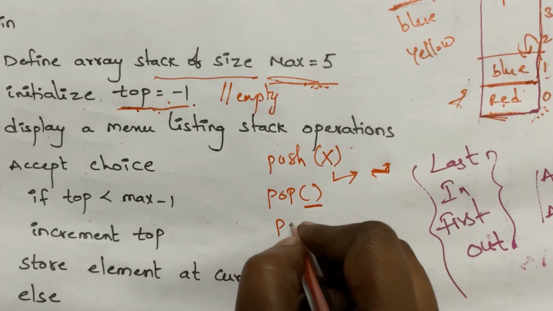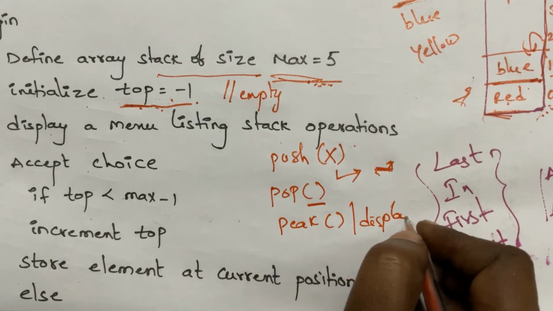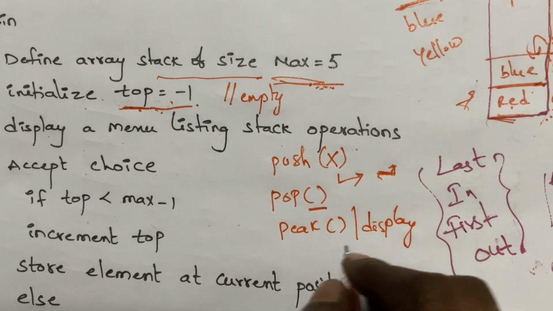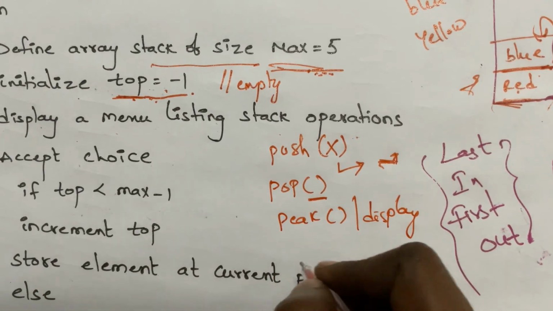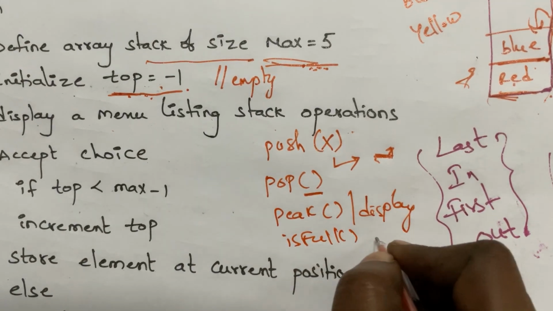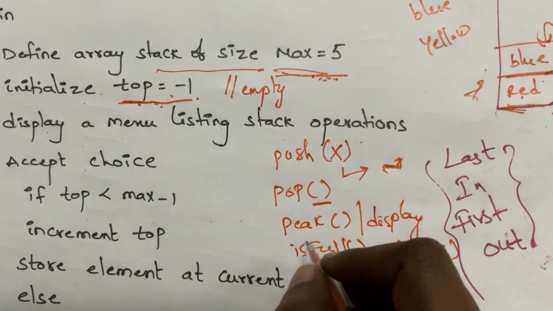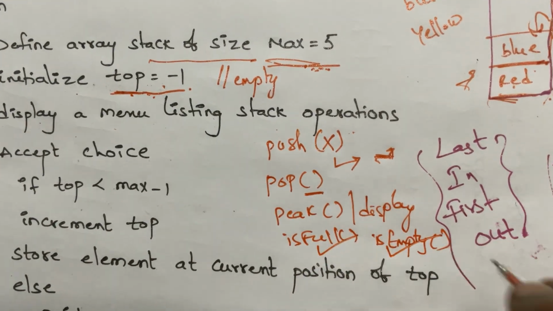And we have another function, peek or display, which displays whatever elements are there. There are two more, isFull and isEmpty. These are Boolean functions to check whether the stack is full or empty.